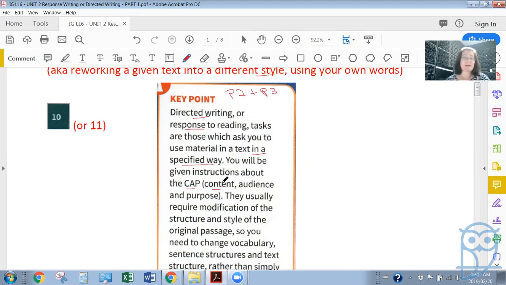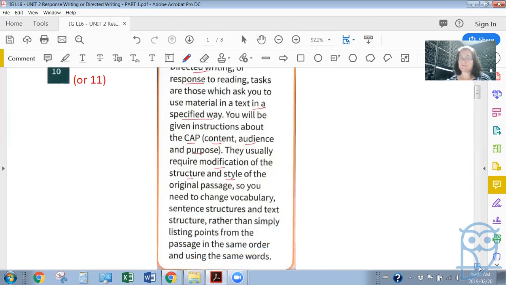Okay, so you'll probably be given a passage that you have to read that you're going to base your written extract on, the content, the audience, who you're writing for, and the purpose of your text, okay? What its aims are. They usually require modification of structure and style, so the format, okay, and the style, the way that you write. Maybe it'll be more colloquial, more informal, for example, than being formal.